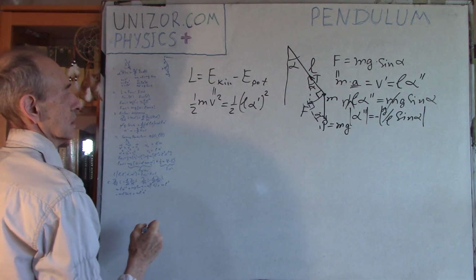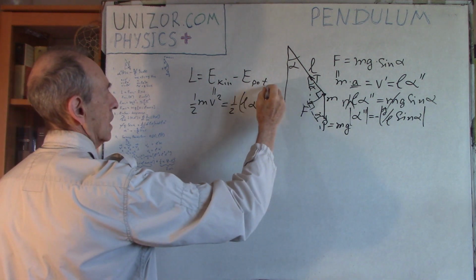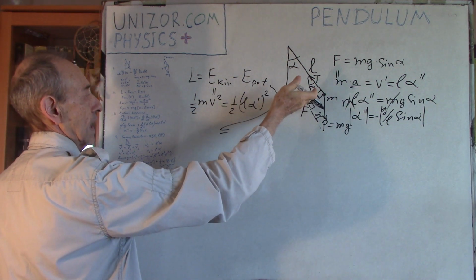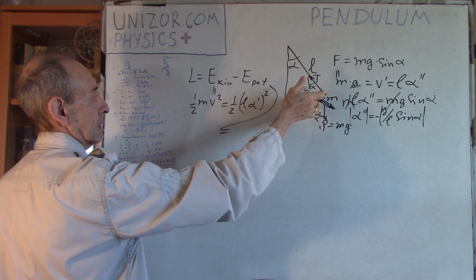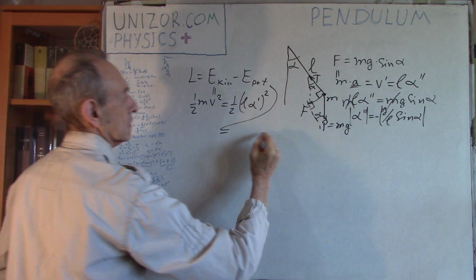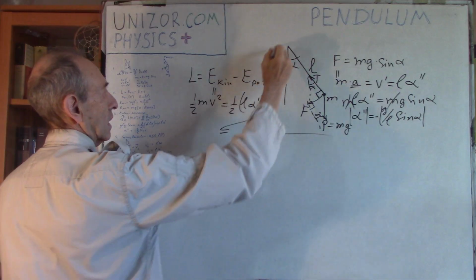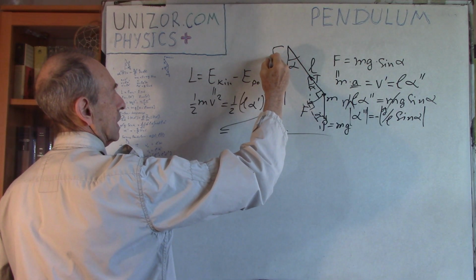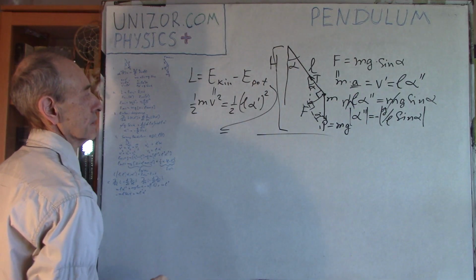So that's my kinetic energy. Now my potential energy is the height of this particular object over, let's say this is the ground level, and this is the beginning, let's say h, the height.